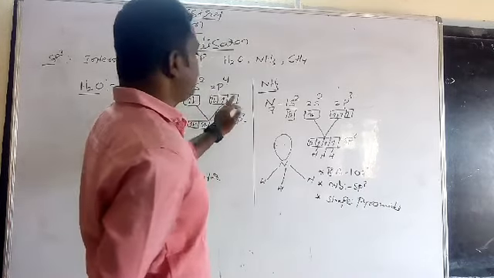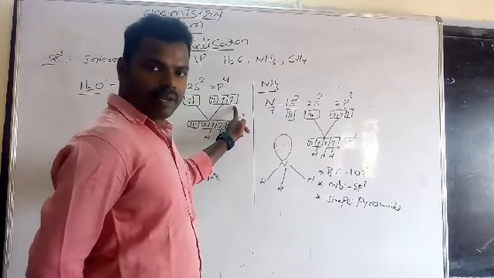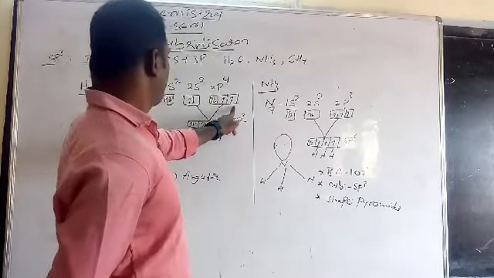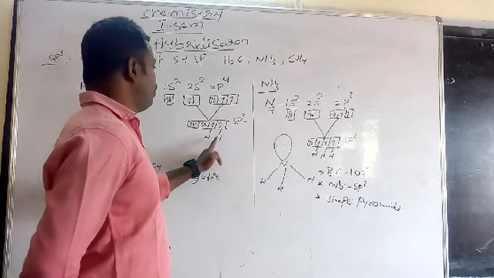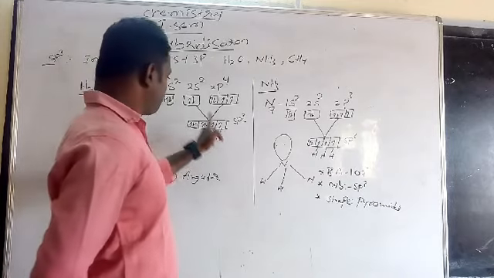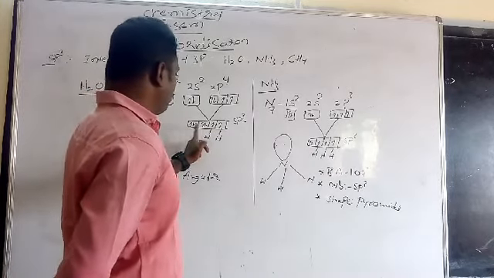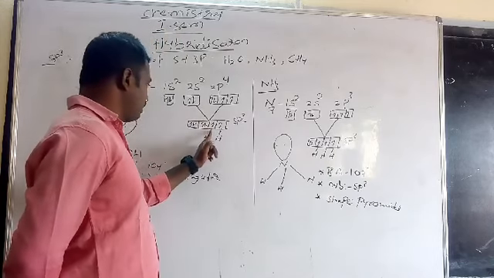In the ground state electronic configuration of oxygen, 2 unpaired electrons are there. Now, intermixing of 1 s orbital and 3 p orbitals gives 4 sp3 hybrid orbitals. Out of 4 sp3 hybrid orbitals, 2 are lone pairs, 2 are bond pairs. These 2 bond pairs are intermixed.